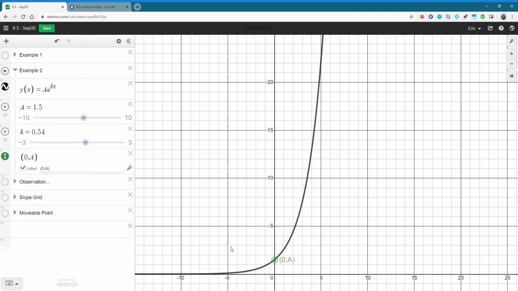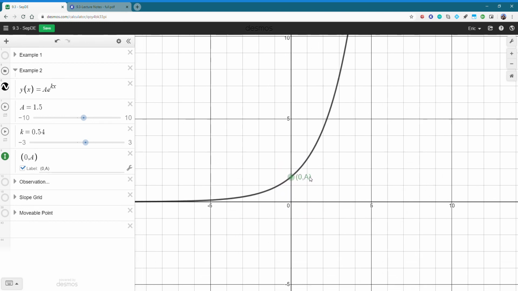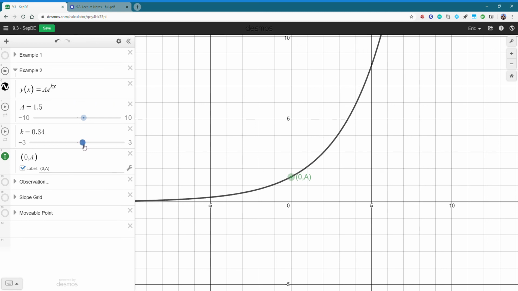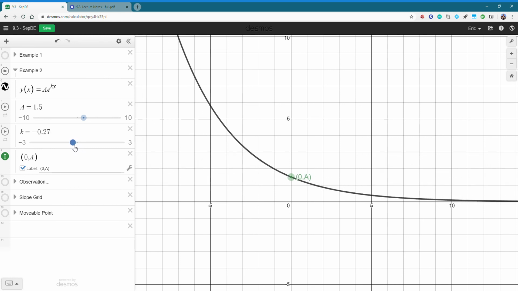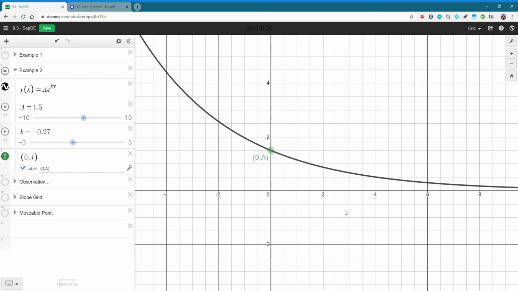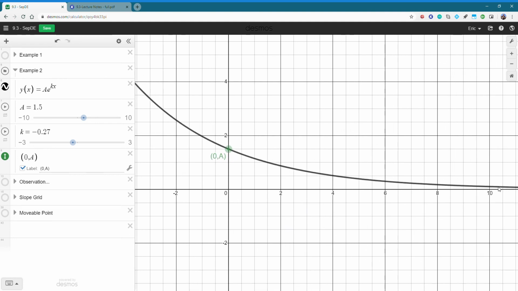Here, this is the basic shape that we get when that relative growth rate k is positive. If we make that negative, we get a shape like this. And this is also actually physically meaningful. This is where instead of your population increasing, your population decreases exponentially as time moves forward.